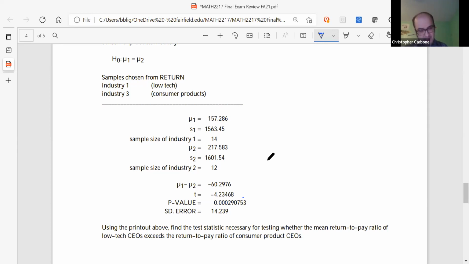We want, based on this printout, to find the test statistic necessary for testing whether the mean return to pay ratio of low tech CEOs exceeds the return to pay ratio of consumer products CEOs. So we're given that test statistic. So this would just be T is equal to negative 4.23, based on this line right here in the printout.